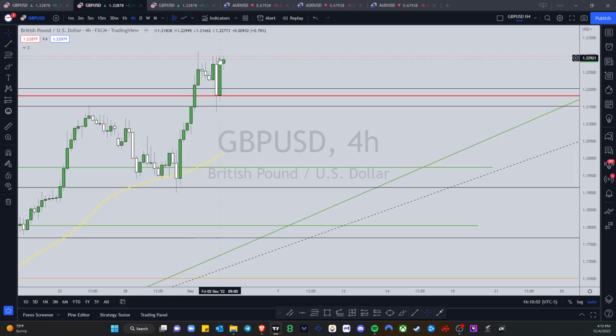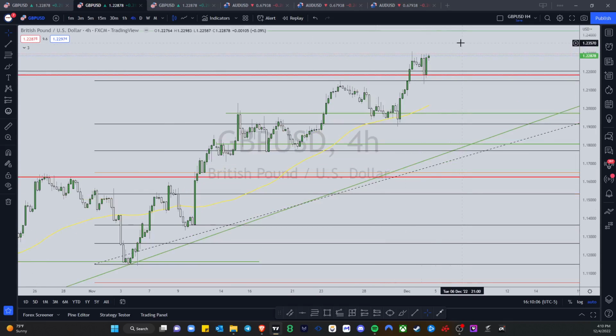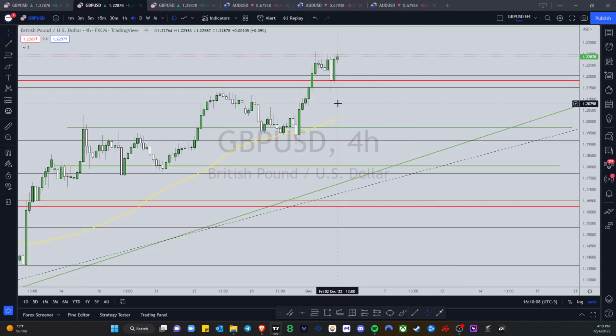Showing sellers' exhaustion, so we may not see too much of a bullish move for the next week on GU based off of H4, but anything can happen either way. So H4 is showing it's maintaining, but it's at the resistance level.